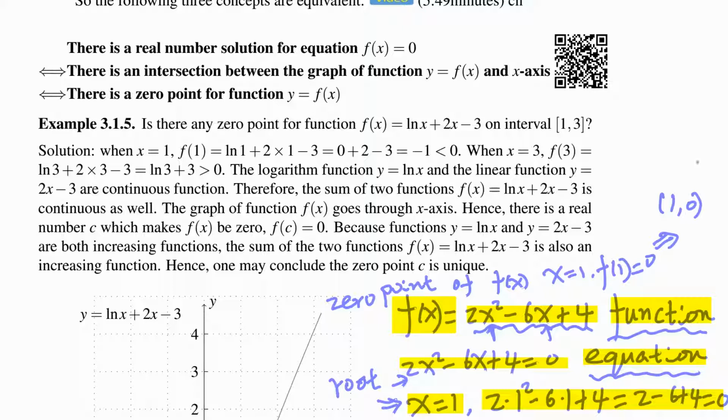And we know the y coordinate is 0, so this point is on the x-axis. So this point is also called the intersection between the graph y equals f of x and the x-axis. So sometimes we also call this the x-intercept.